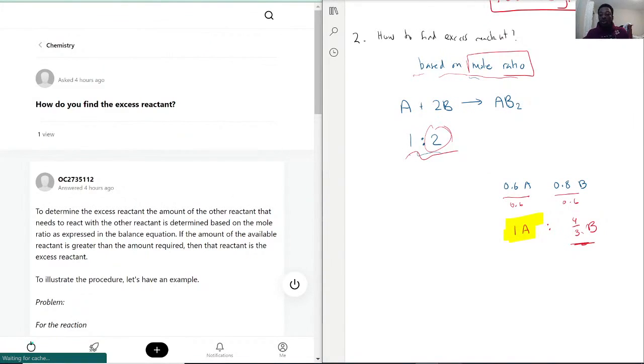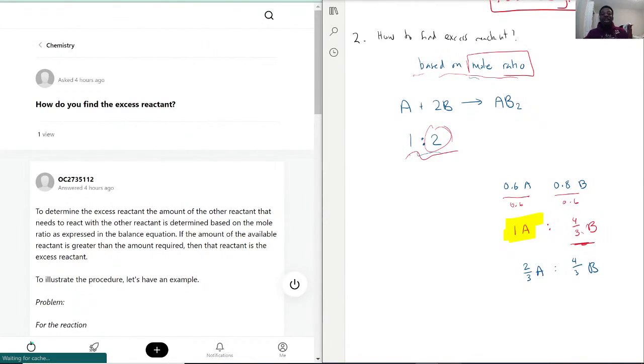All it could really react here would be half of 4/3, because that's the only way you can get that 1 to 2 ratio. So we actually only use up 2/3 of A for that 4/3 of B, leaving you with 1/3 of A left of moles. So that is how A becomes the excess.